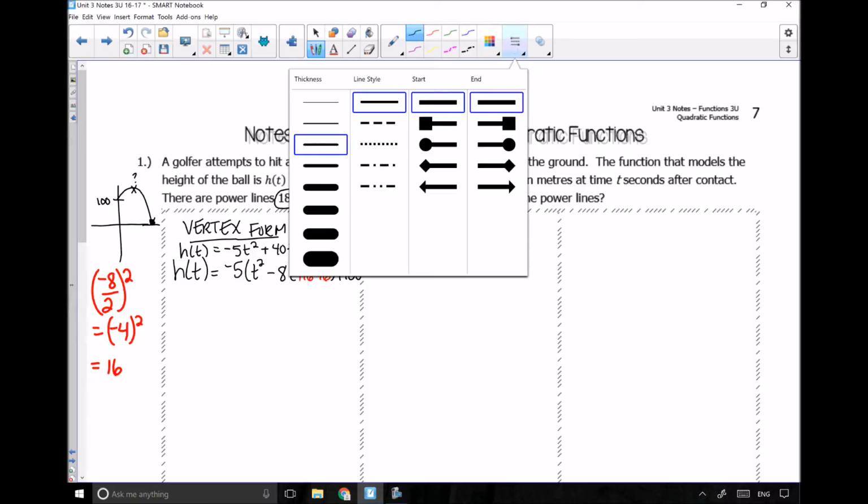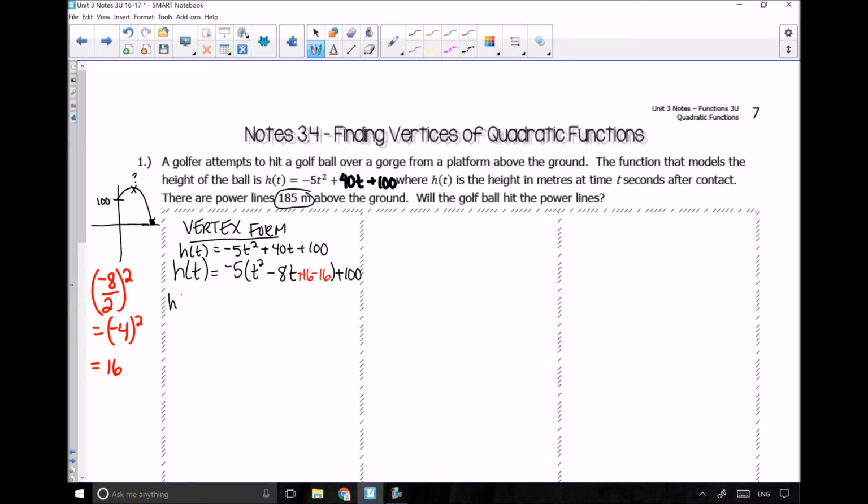So then what ends up happening is I end up getting h of t is equal to negative 5, and then I'm going to leave the perfect square trinomial inside of my brackets. And then I'm going to distribute this negative 5 through here, so I end up getting positive 80, and then I also have plus 100, okay?